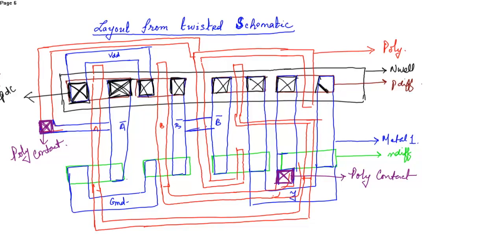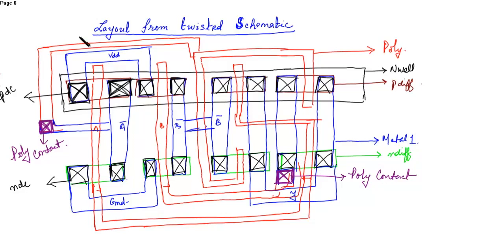Since there are 4 sources and drains, we need 8 P diffusion contacts. This is the N diffusion contact. This is 1, 5, this is 6, this is 7, and this is 8.